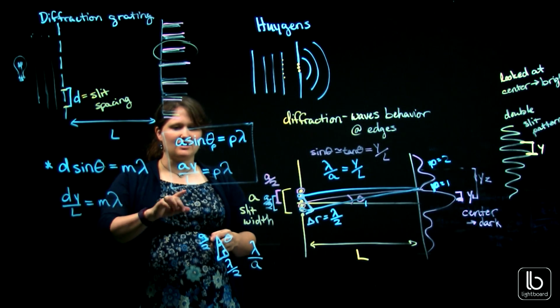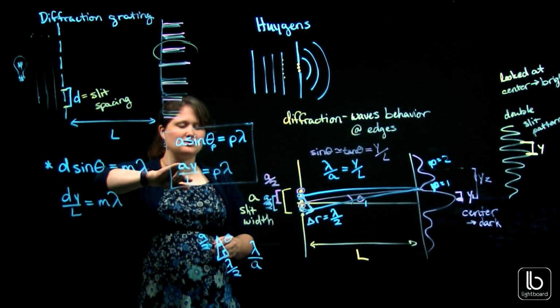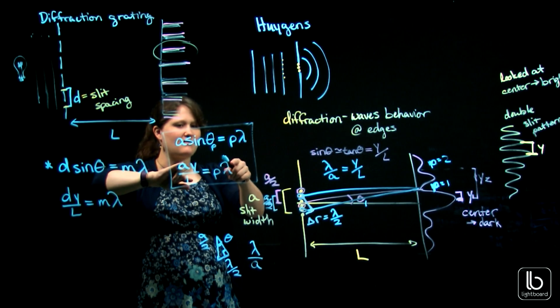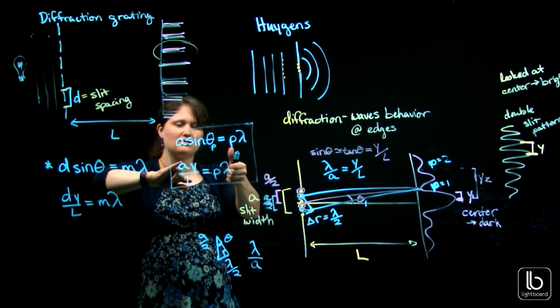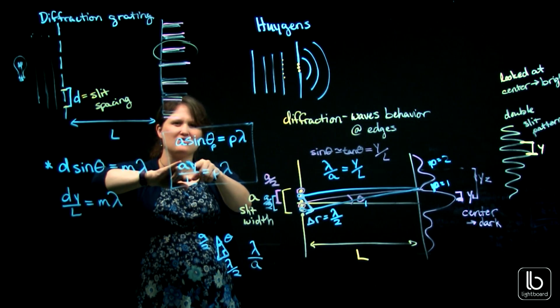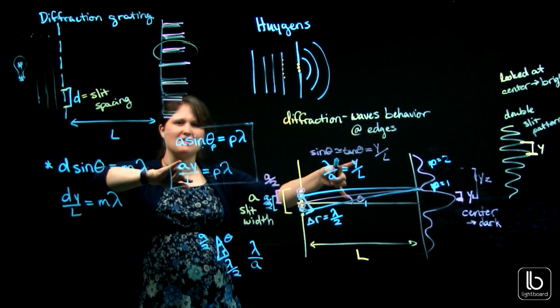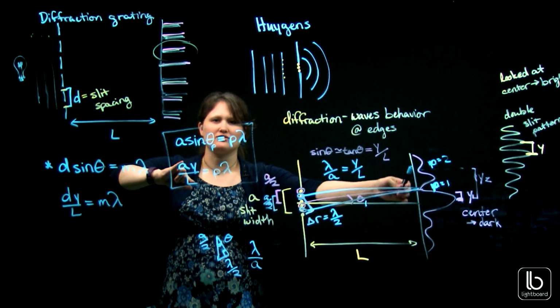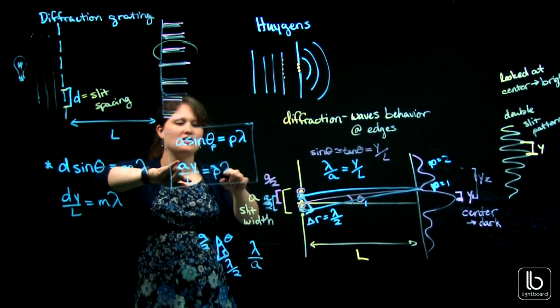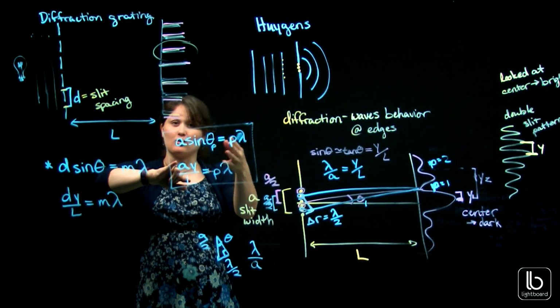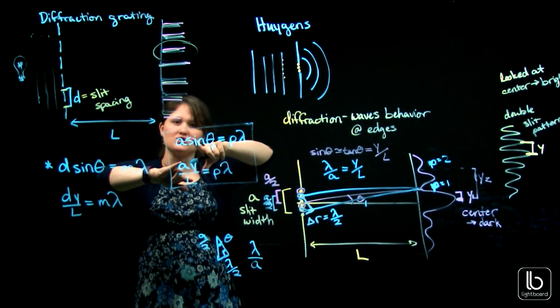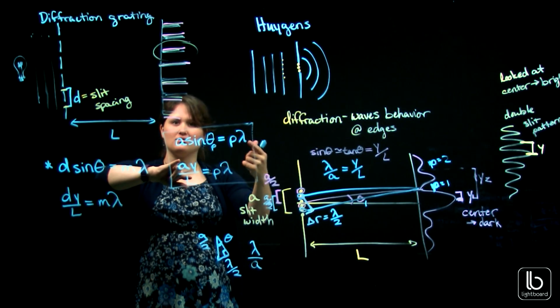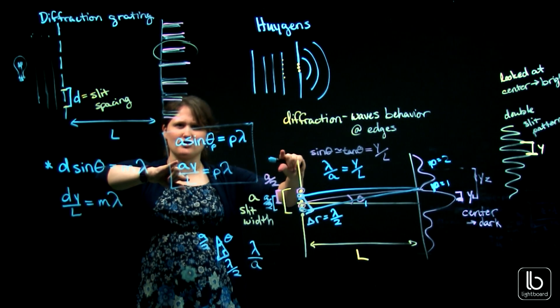If I keep these two things the same and increase my wavelength, I'm going to increase the spacing of my pattern. My Y1 is going to be greater, and this pattern is going to be more spread out. In other words, my longer wavelengths, like red, are going to be more spread out than my shorter wavelengths like blue or purple. Those are going to be more scrunched.